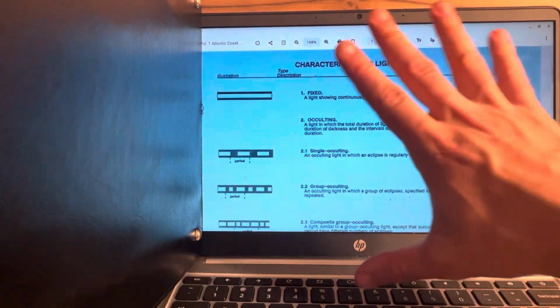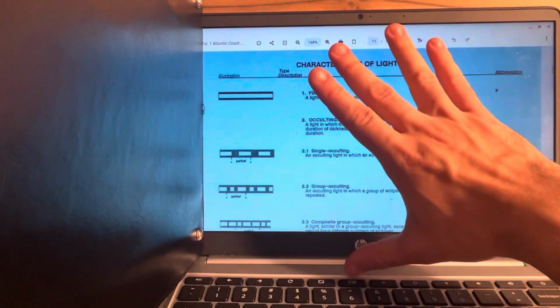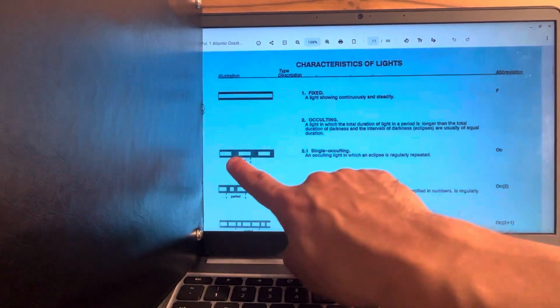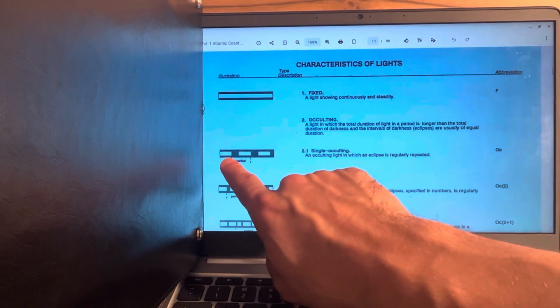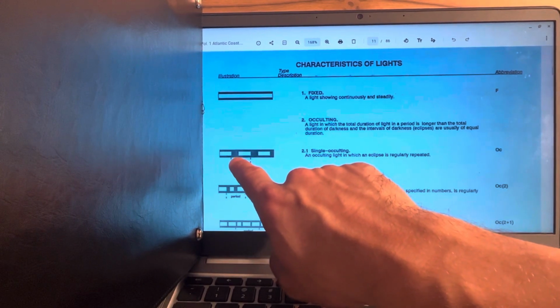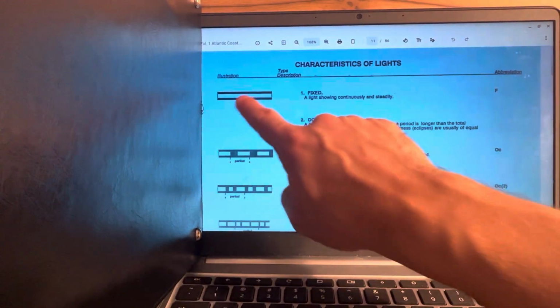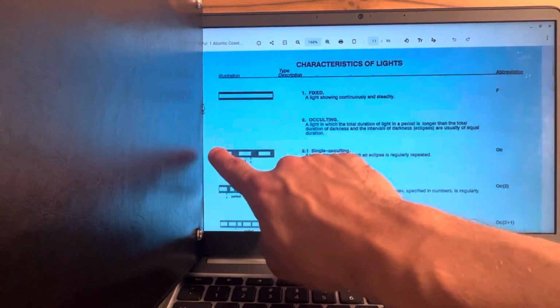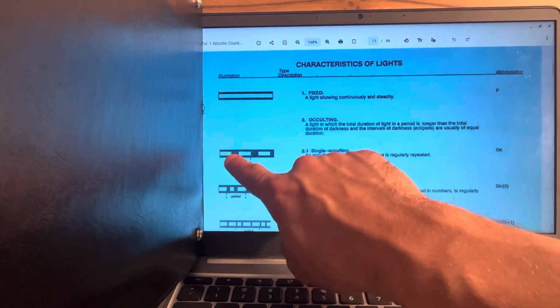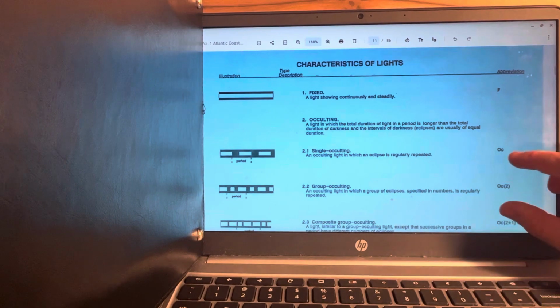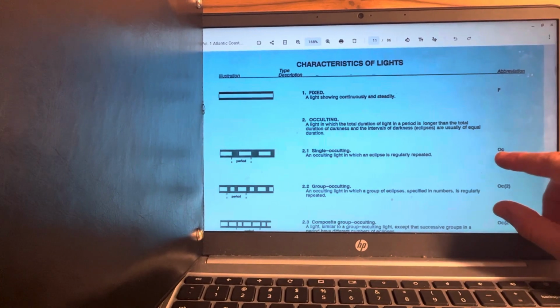So it will be like on, off, such as that. And you can see that depicted here, where it's on for a decent period of time, off for a second or two, then on again. You can imagine this is probably, let's say, a length of 5 seconds. So this would be on for maybe 2, off, on, off, on. And it is labeled with a little OC.